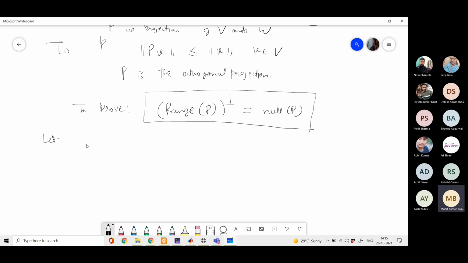What you have to do, if you want to show that the range of P is the orthogonal complement of the null space of P, is take every vector w in the range space and any vector u in the null space, and show that the inner product of w and u is 0. That is your claim in order to prove the statement.